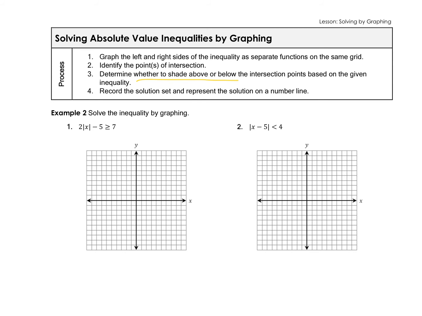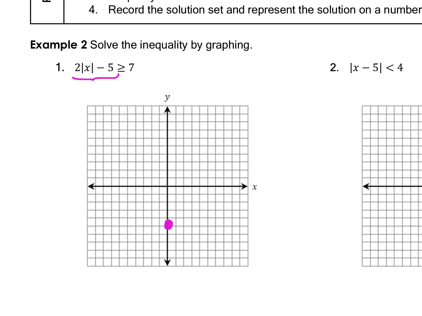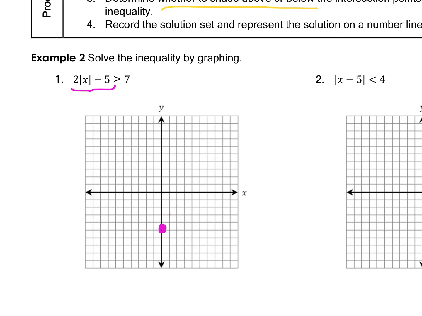Okay, so what we're going to do is graph this left side. So it's going to go down 5, your vertex, 1, 2, 3, 4, 5. And then a stretch by 2, which is your slope. So go up 2, right 1.